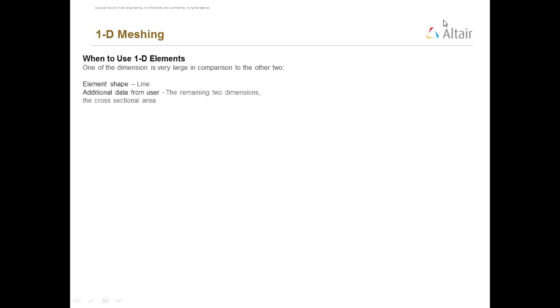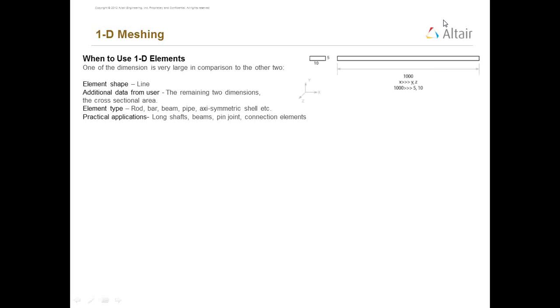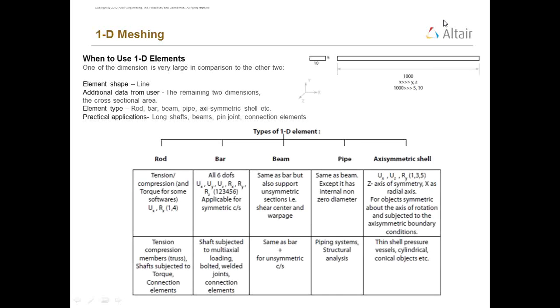The representation of this looks like a line. Additional data required from the user are the remaining 2 dimensions, that is the cross-sectional area. The element types are rod, bar, beam, pipes, axisymmetric shells, etc. Practical applications are long shafts, beams, pin joints, connection elements, as you can see in this.